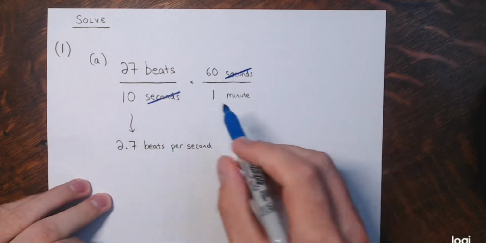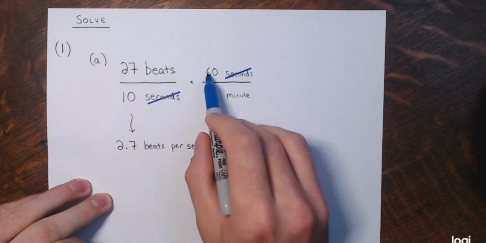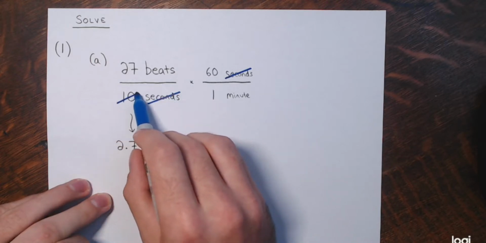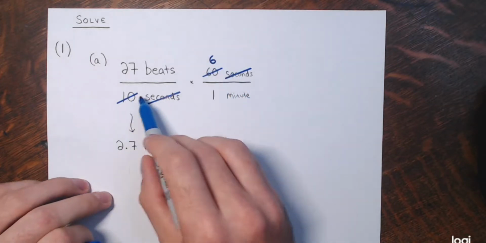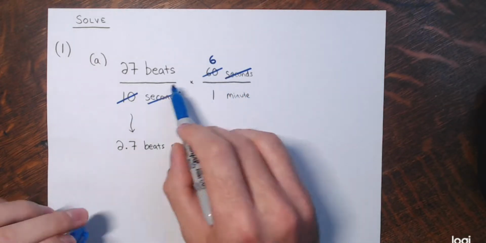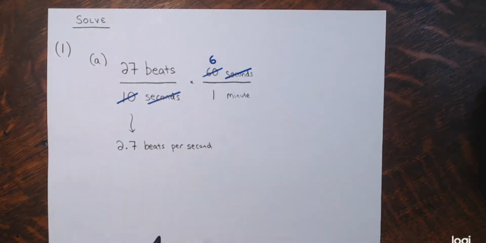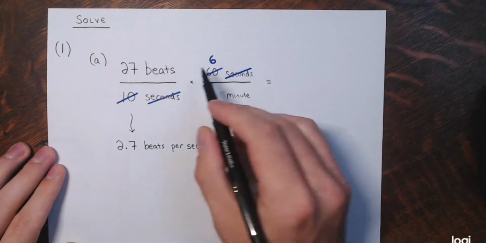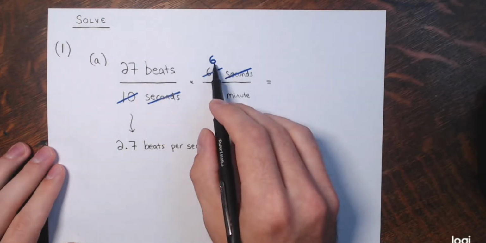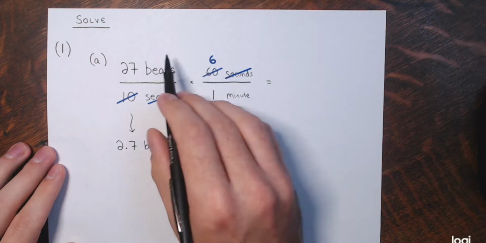And then I can even do some cancellation as well. 10 goes into 60 6 times. So the common factor of 10 in the numerator and denominator cancel. And now I'm left with 27 times 6 in the numerator. Now that'd be 120 plus 42.